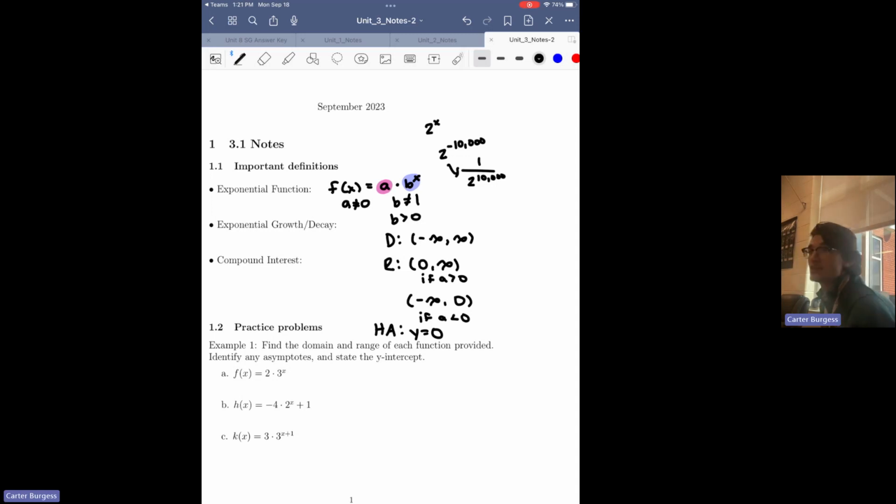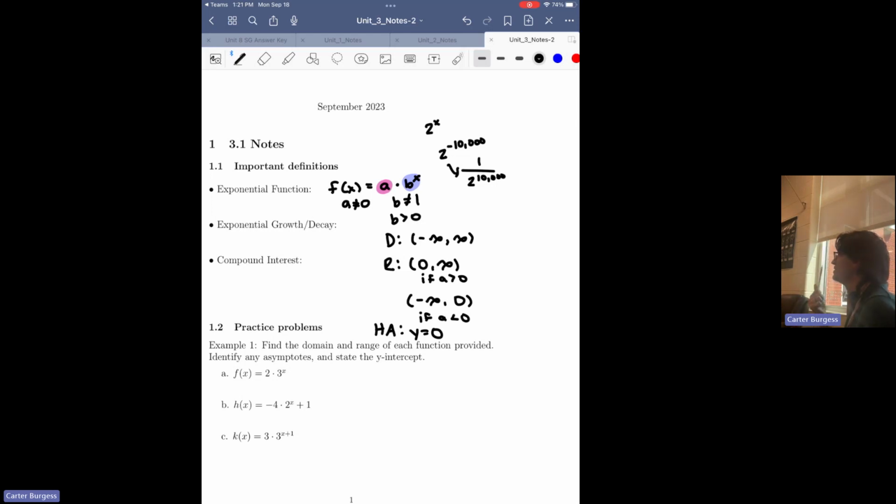All right, one more thing that I would like to address, at the very least, in terms of the parent function, we're going to see that shifts actually make this pretty difficult to capture. But in terms of this value of a and what it represents, when I plug 0 into my function, in other words, I'm looking at the y-intercept of my function. What happens when x is 0?